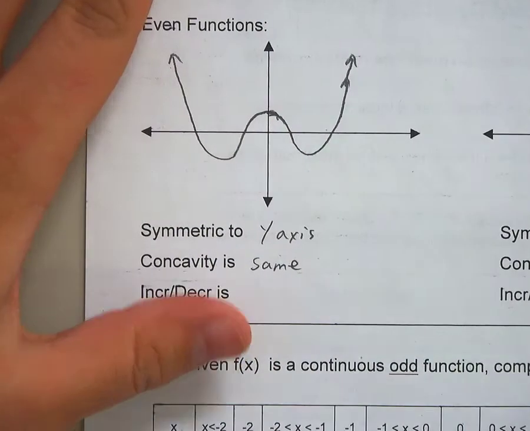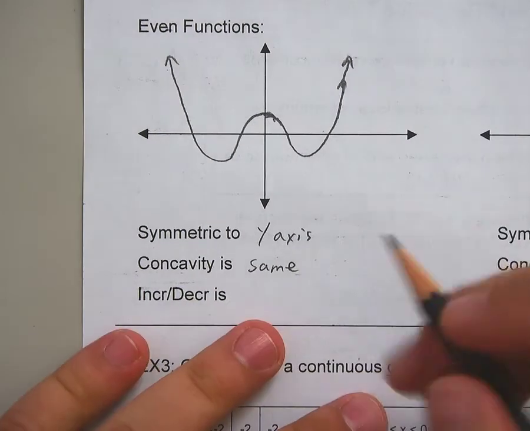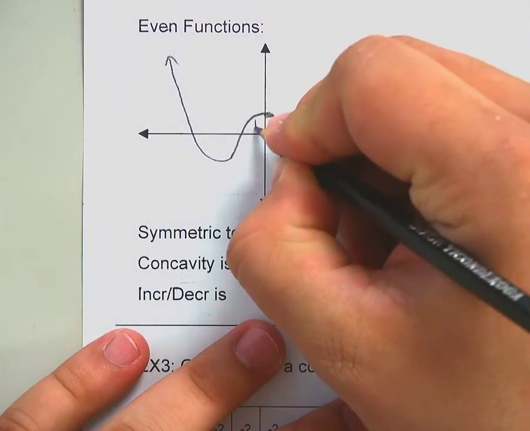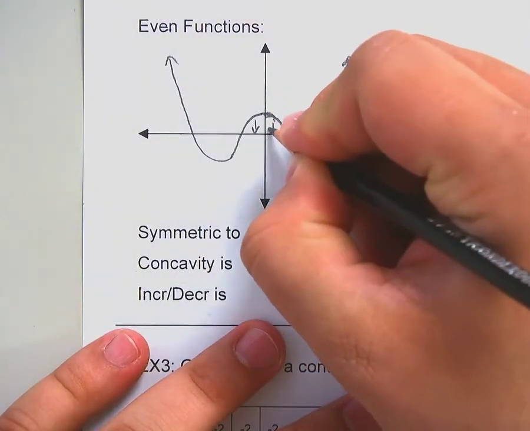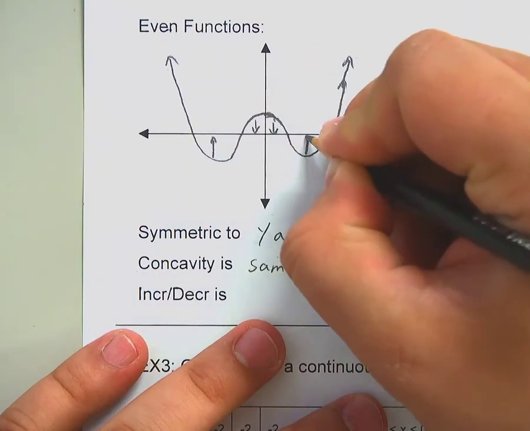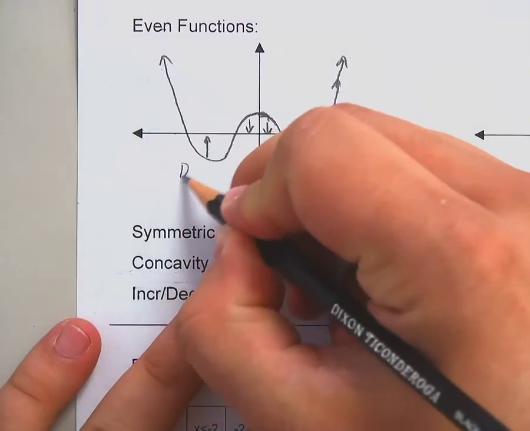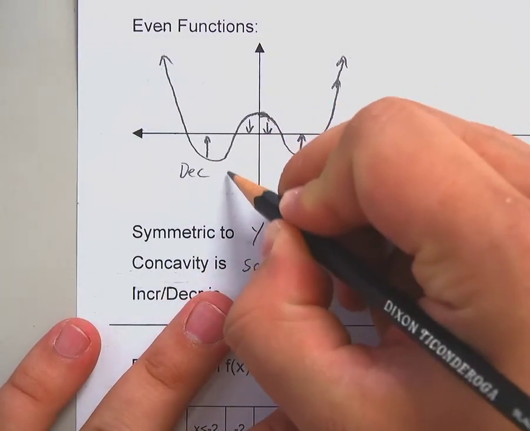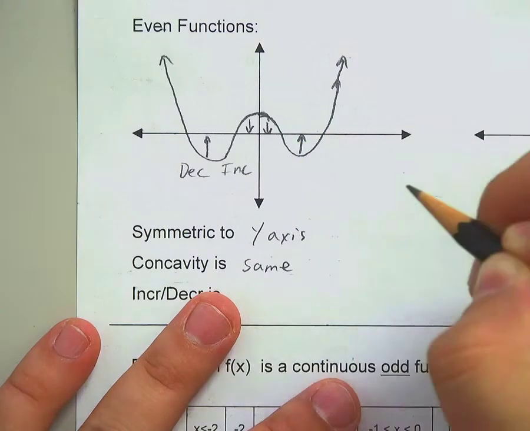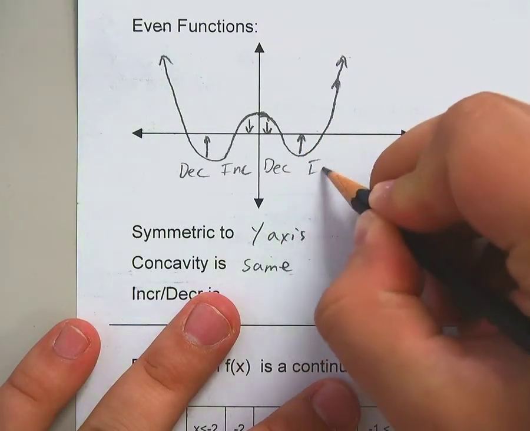But your increasing decreasing is going to be opposite. Now here's what this is going to look like. If you notice here, this piece is concave down, this piece is concave down, this piece is concave up, this piece is concave up. So the concavity is symmetrical as well. But increasing, decreasing, this piece here is decreasing, and then it starts increasing here, and then it starts decreasing here, and then it starts increasing here.